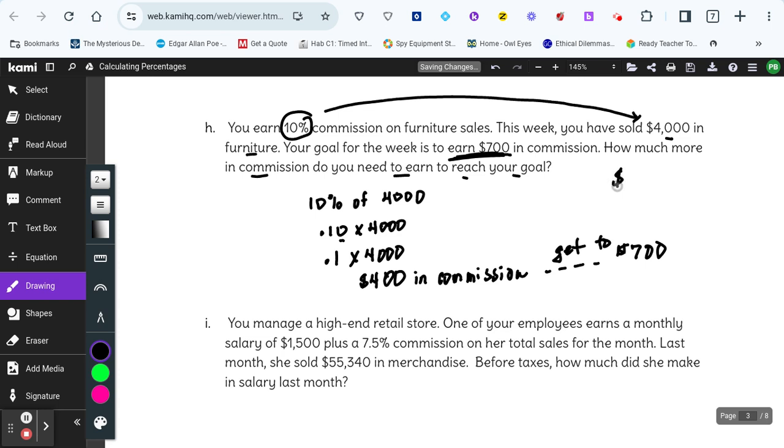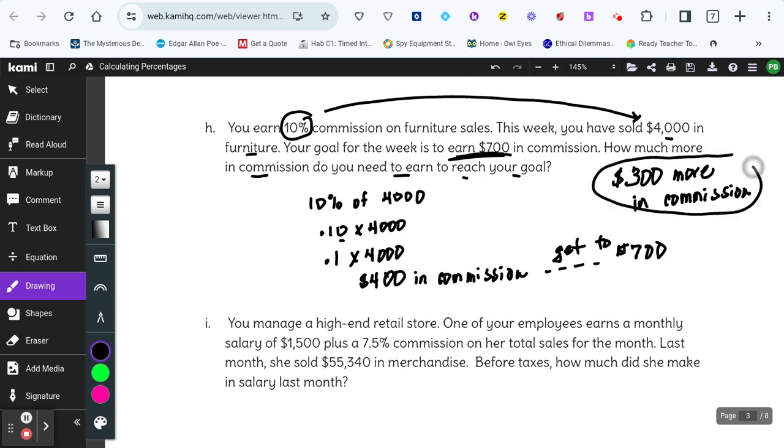Well, you need 300 more dollars in commission. Which means you got to get out there and make some more sales. Like $3,000 basically, in more sales to get a $300 commission, all right?